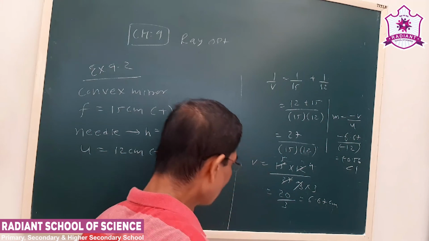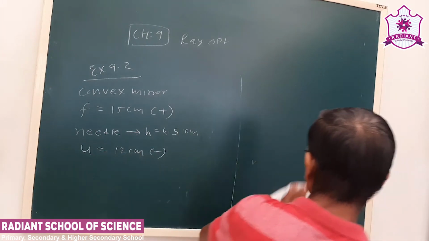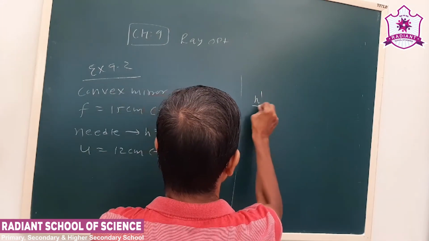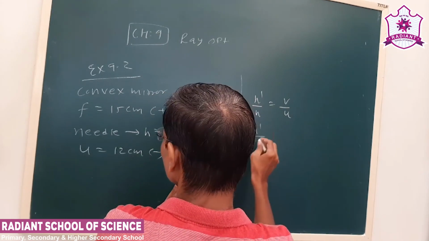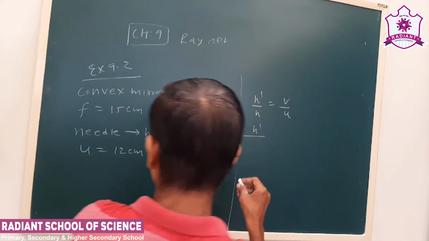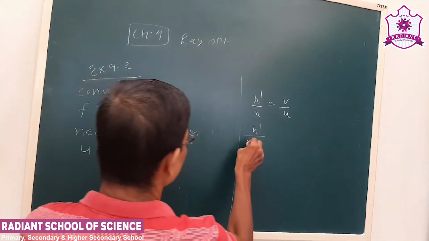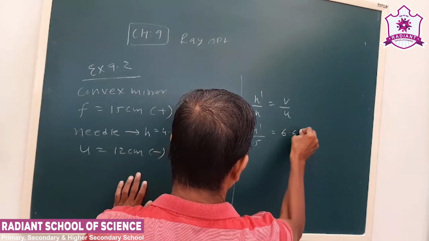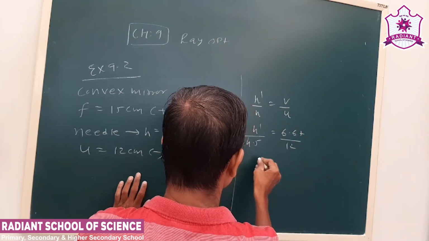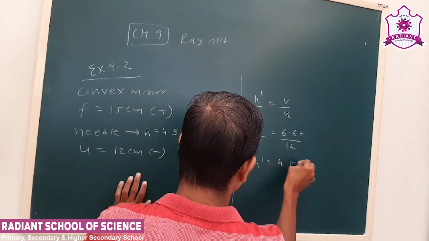Now about the height of the image. H dash by H is minus V by U. H dash we have to obtain. H is 4.5, V is 6.7 and U is 12.